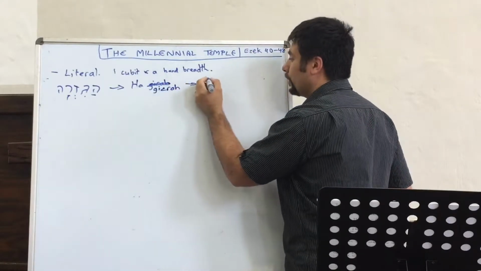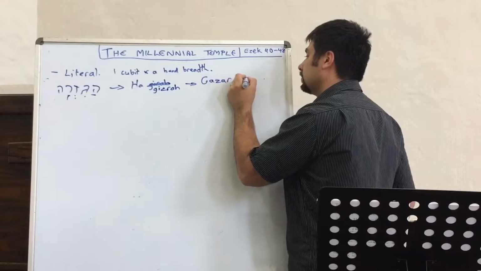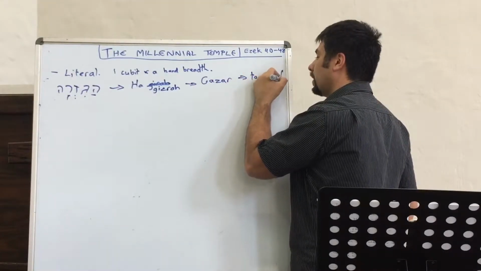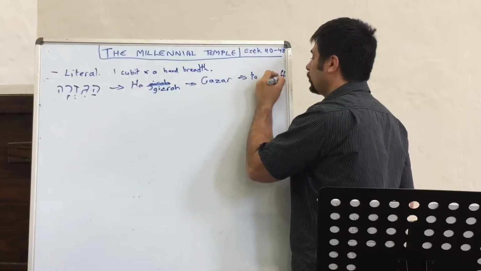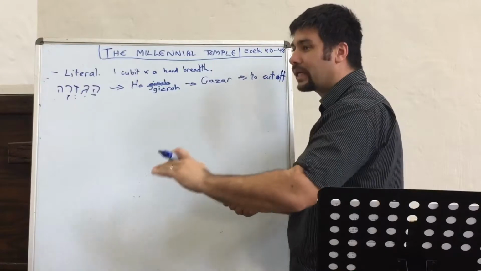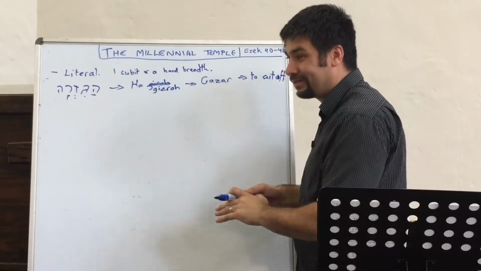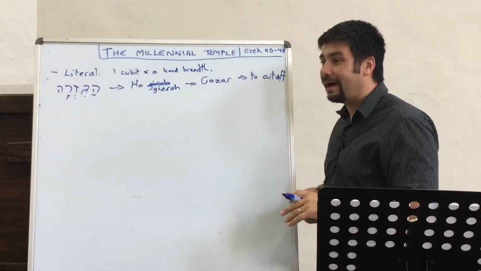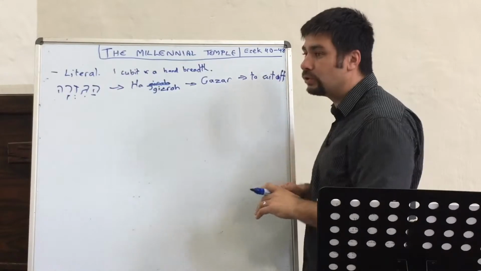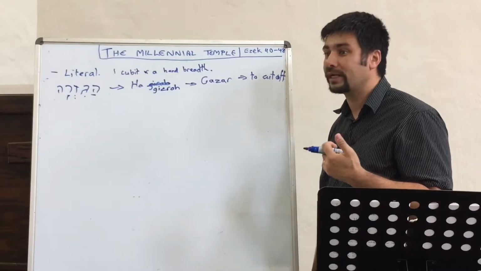And it comes from the word gazar, which means to cut or to cut off. It can be used to speak of circumcision. It can be used in terms of literal cutting or dividing or determining something. So I'm just going to quickly note the times this word gazar is used, and we're going to see that it really has a lot to do with destruction.